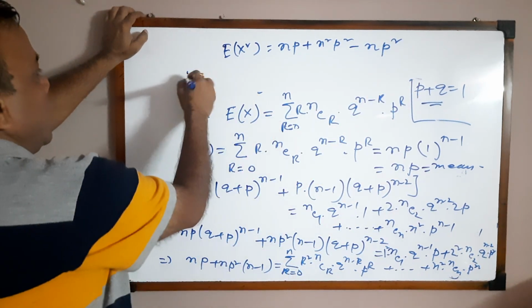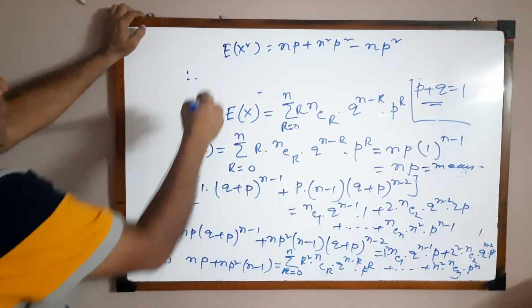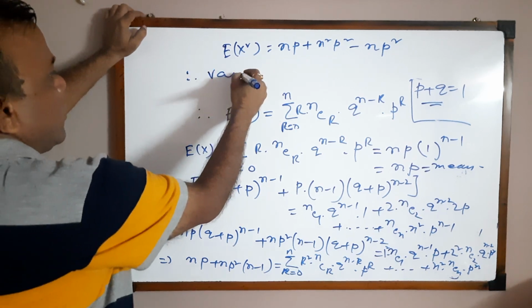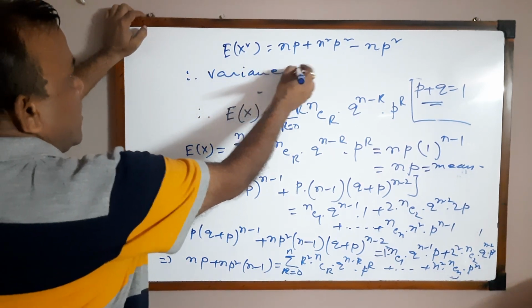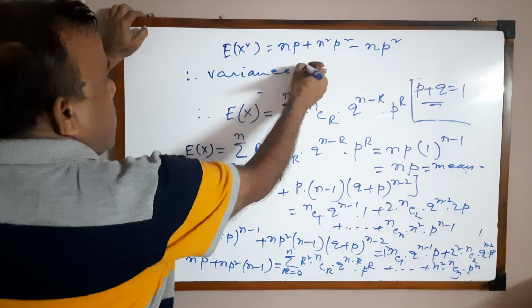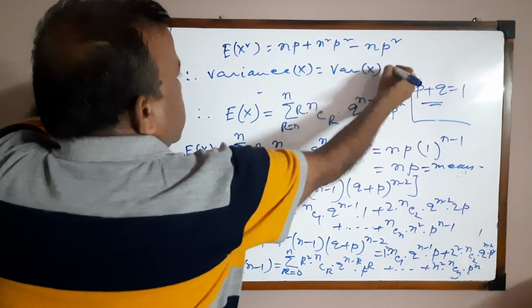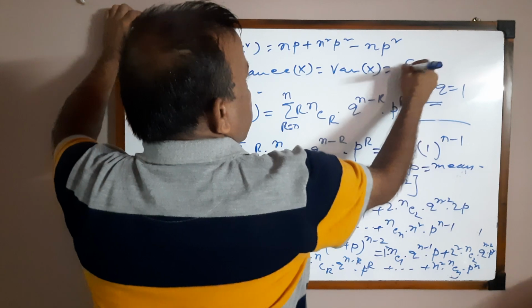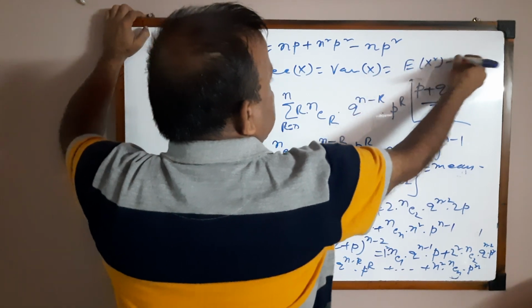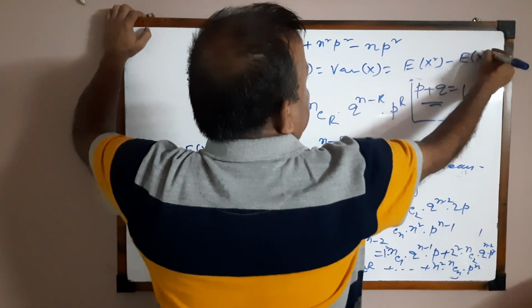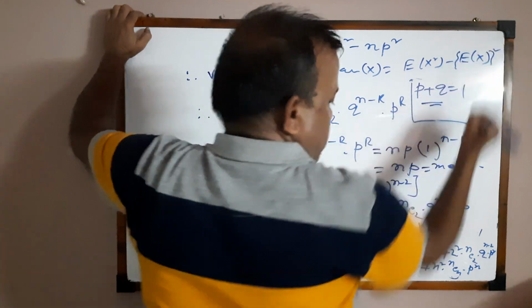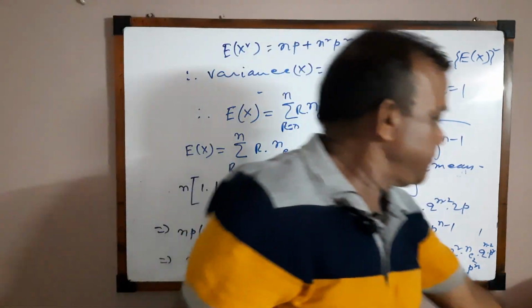Now, as we know, variance of X is equal to E(X square) minus (E(X)) whole square.